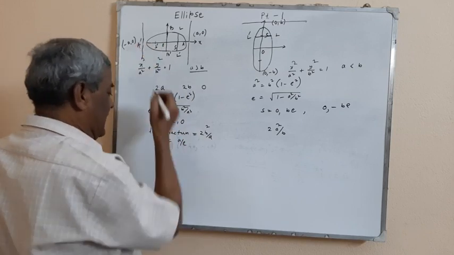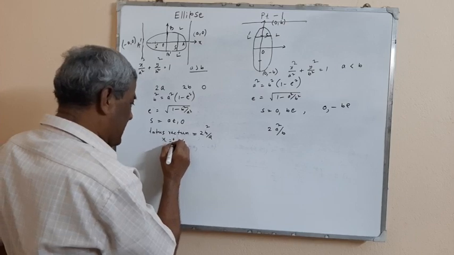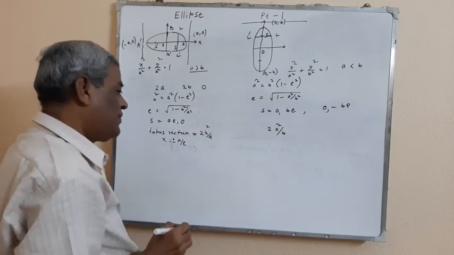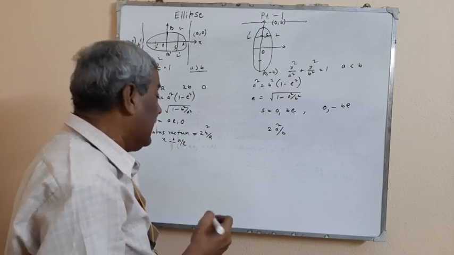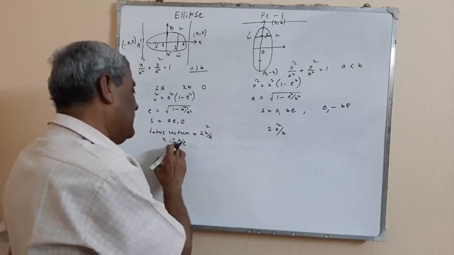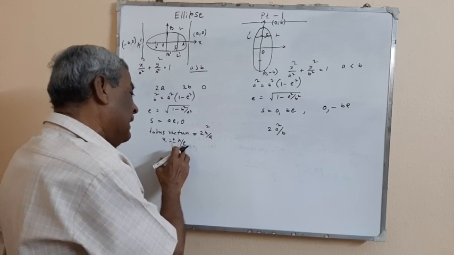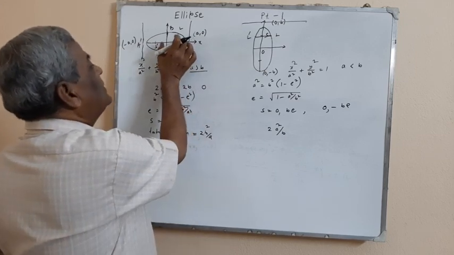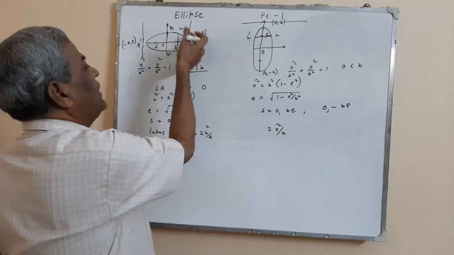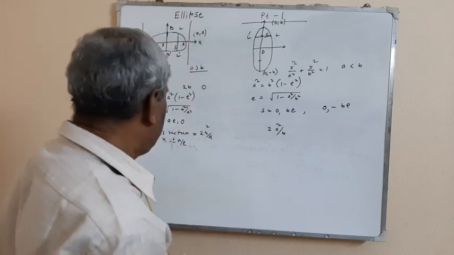This is the negative side, so it is actually plus minus a by e. As e is less than 1, a by e is greater than a. Greater than a means it lies outside the ellipse.